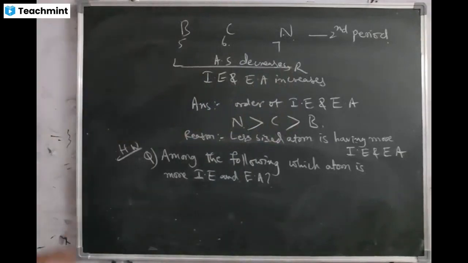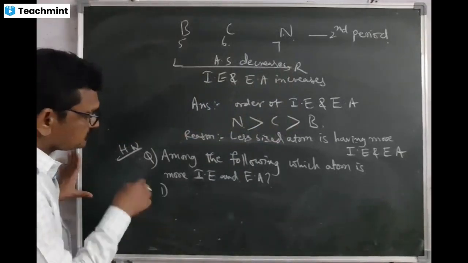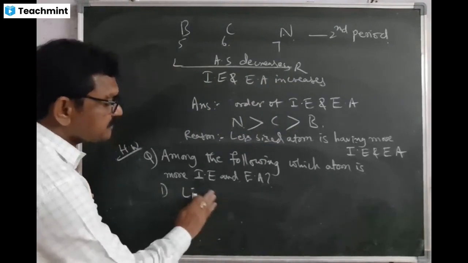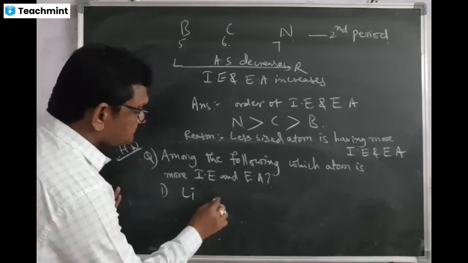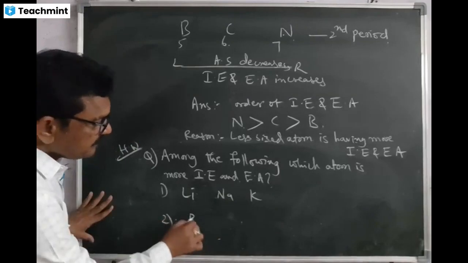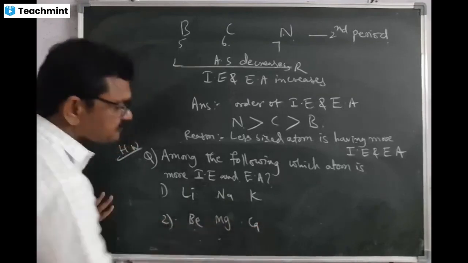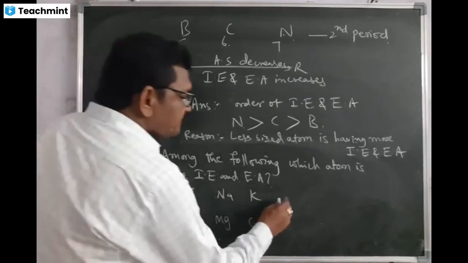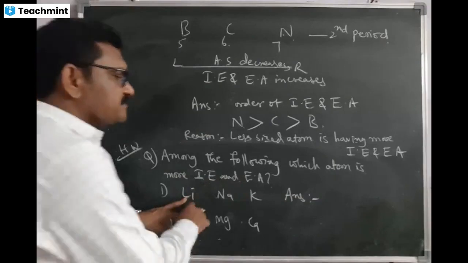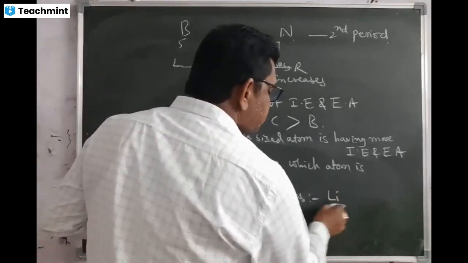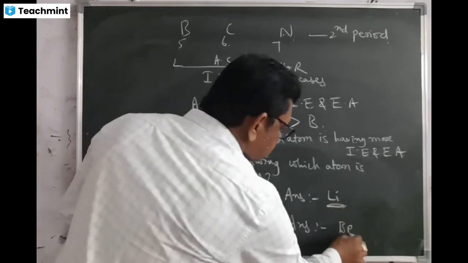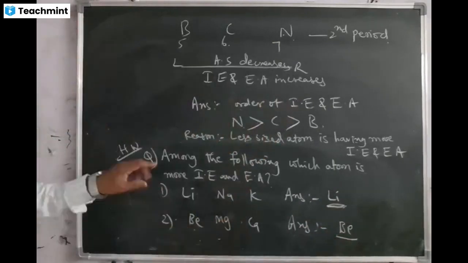I give you lithium, sodium, potassium. Then second one, beryllium, magnesium, calcium. In this way, which one is having more ionization energy and electron affinity? Answer is lithium. Here the answer is beryllium. Why? Because among them it is the low size atom.